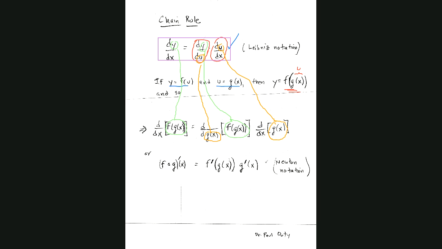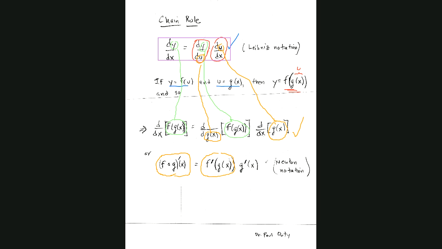And so you can rewrite the chain rule here using Newton's notation. So on the left we have the derivative of f composition g. That's going to equal f prime of g of x. That's what we have here.